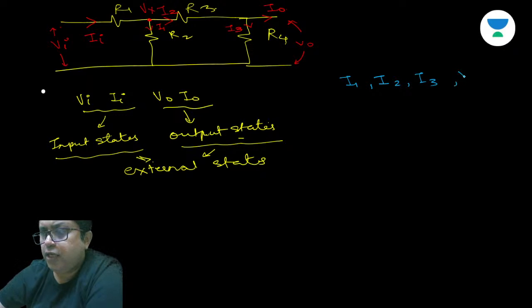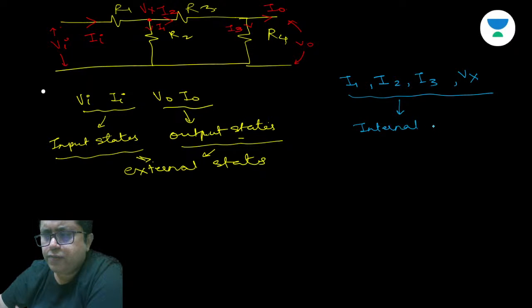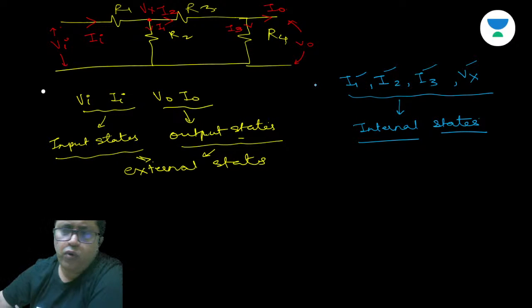All these are present in the circuit except output and input, so these are called internal states. Remember, we said these are measurable parameters. So we can measure I1, I2, I3 and the voltage at terminal X, that is Vx. These are internal states and external states.